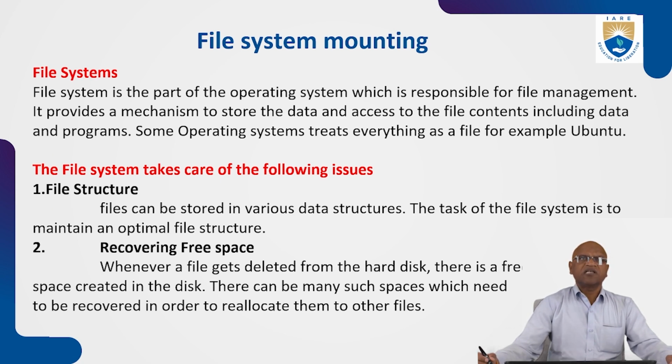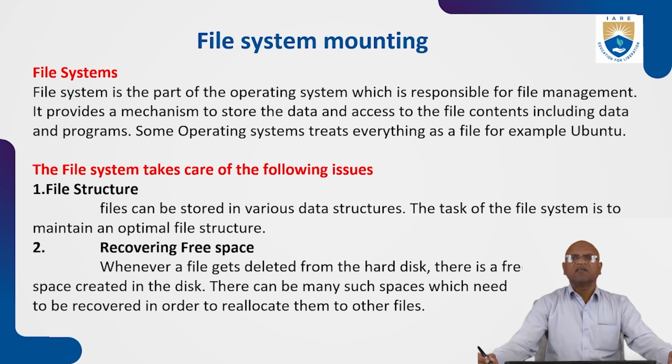So the file system takes care of the following issues. There are programs in the OS to maintain things like process management and memory management. Similarly, there are programs in the OS to maintain file structures and directory structures.